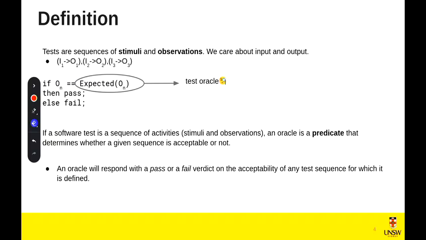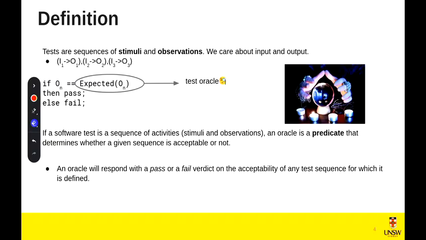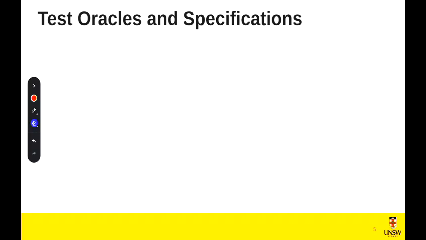An oracle will respond with pass or fail for these pairs of stimuli and observations. It is like a predicate, like an oracle orb you may have seen, predicting whether the result of the test is passed or not. So this is the definition of test oracle.